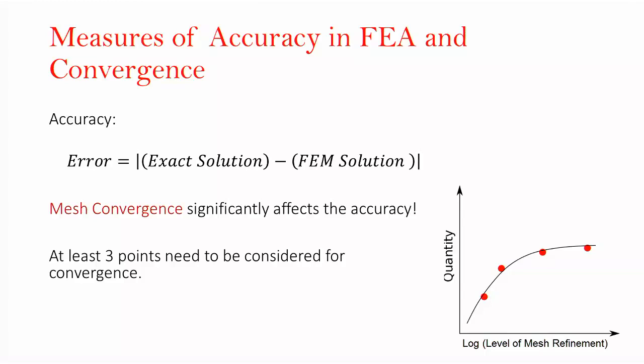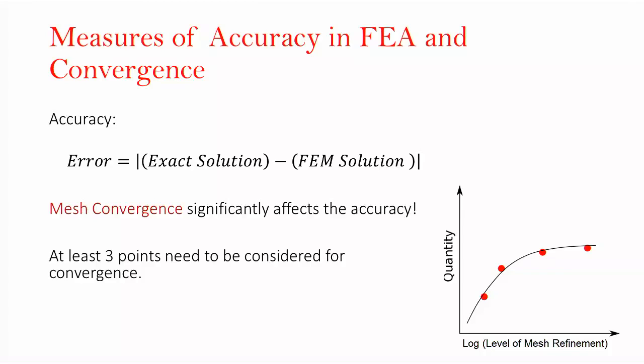So you solve the problem by using at least 3 different mesh sizes, and then look at the results. It could be the displacement at the tip of the beam, or stress, or anything else that you are curious to know about.